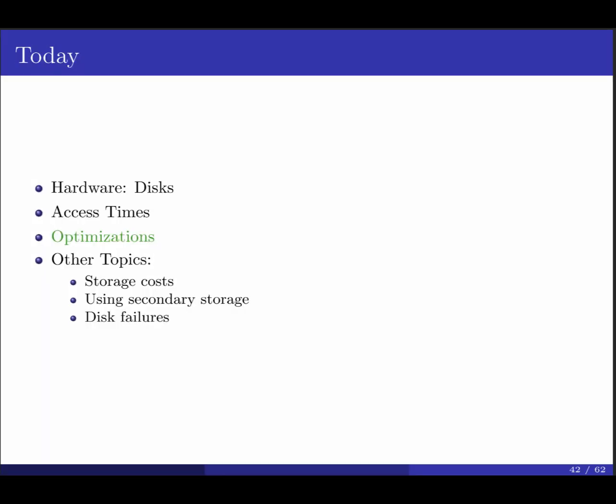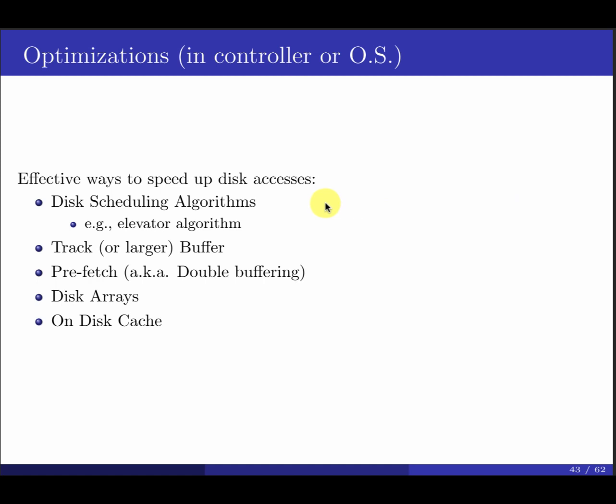So what else now? Let's take a look at some techniques to reduce the time it takes to read or write data from the disk. One technique is to do some optimizations. You can use a disk scheduling algorithm, for example the elevator algorithm.